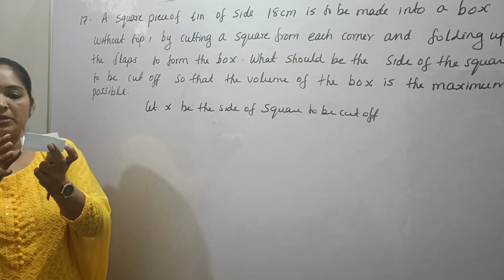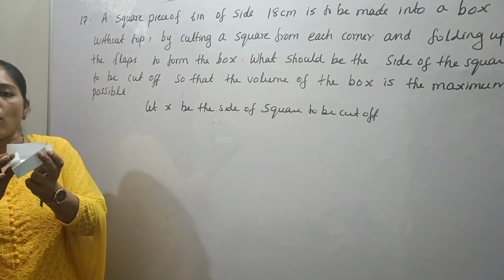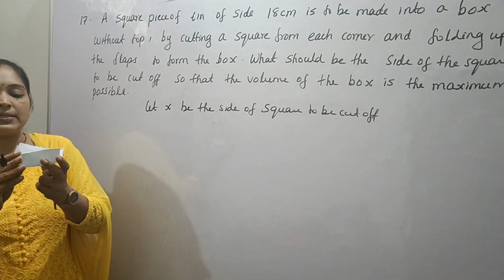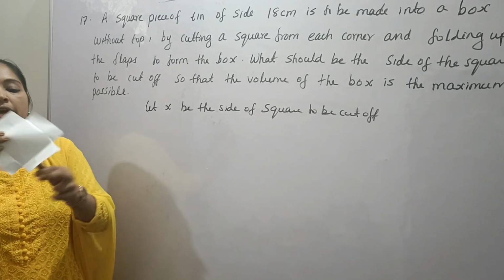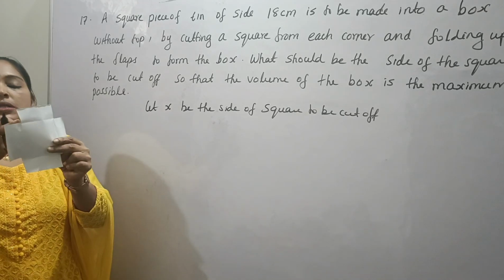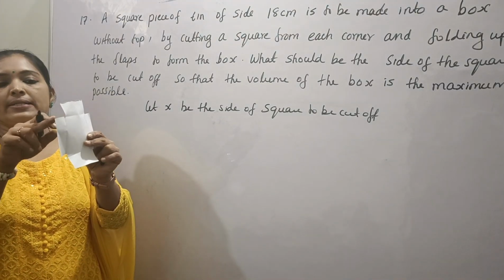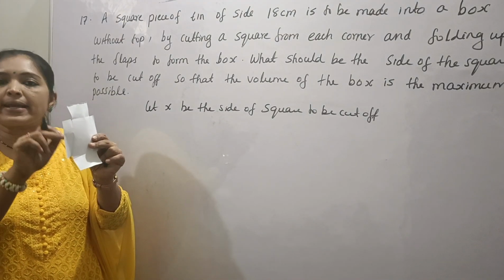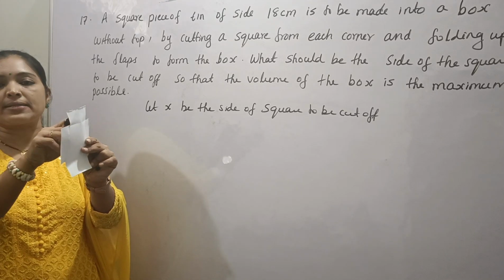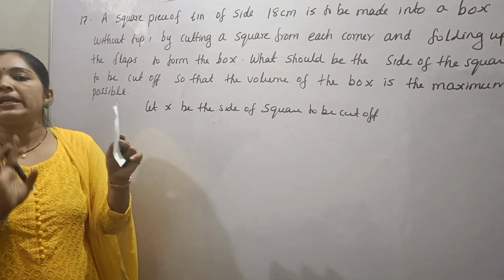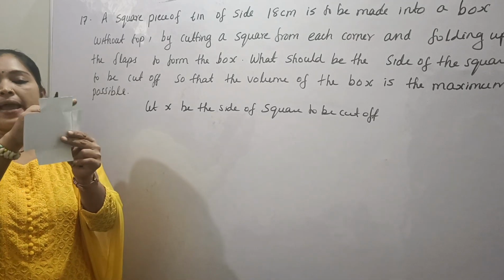But after cutting off squares from each corner, what is the length? We cut off squares from each side, so the side is x, right? So x plus x. Initially it was 18 centimeter. Now it is 18 minus 2x, because x plus x.